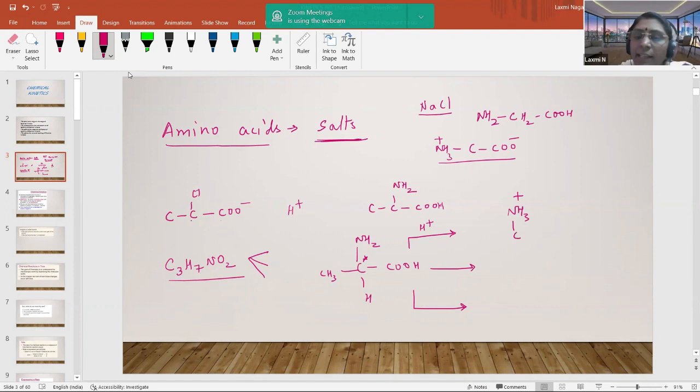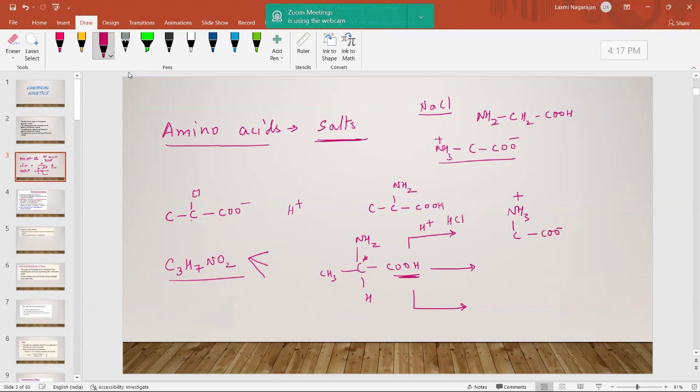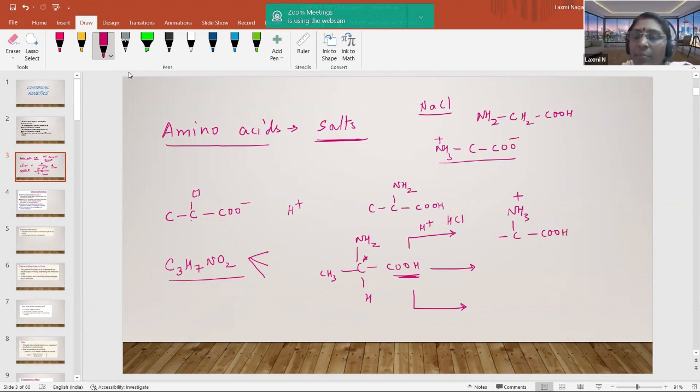On the other hand, if the H plus is coming from something like HCl, which is a strong acid, will this dissociate, sir? No, ma'am. Very good. So this is no longer COO minus. Instead, it's going to be a COOH. So the common ion effect comes into play. And what we see is only the cationic form.